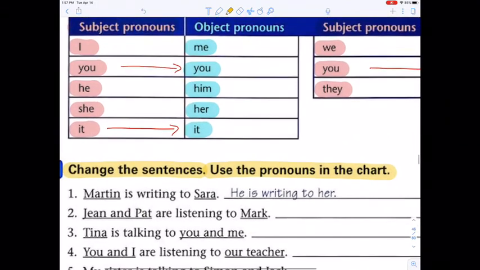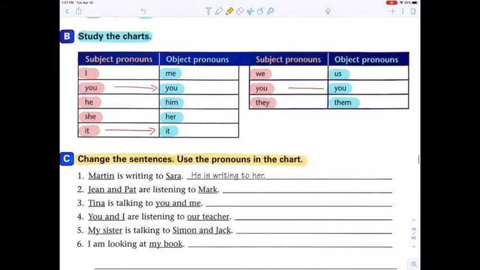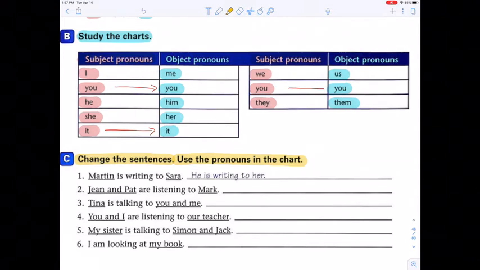So this is the chart here with subject pronouns and object pronouns. If you'd like, please stop the video, get out your notebook, and copy down this information into your notebook. And when you finish that, play the video again.